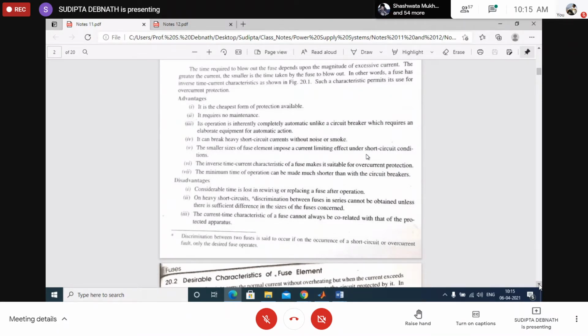A circuit breaker is a sophisticated form of fuse with some additional features incorporated. Actually, a fuse and a circuit breaker are totally different. But what are the advantages in a circuit breaker?